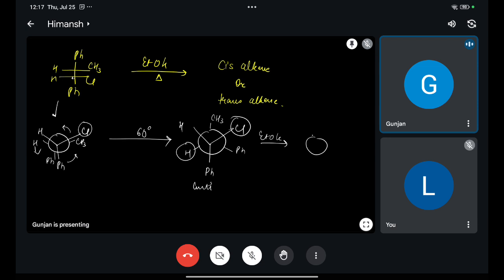We will get this type of framework: Ph, H, CH3 and Ph.